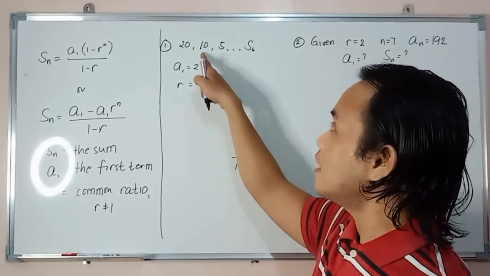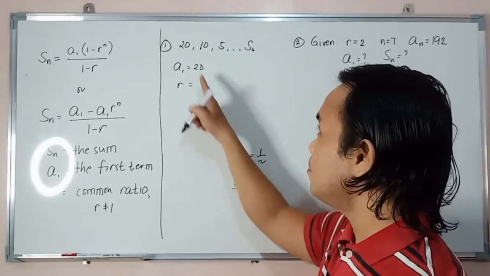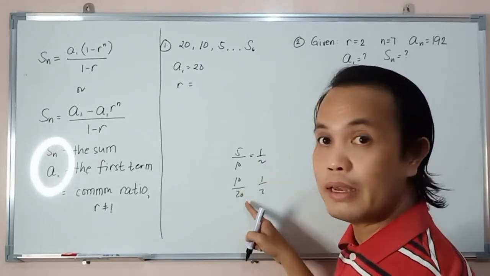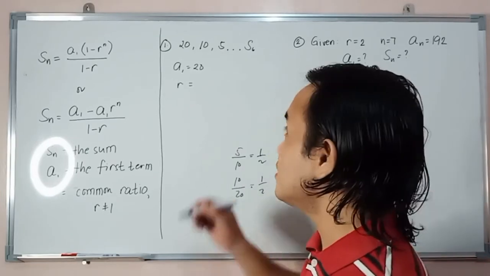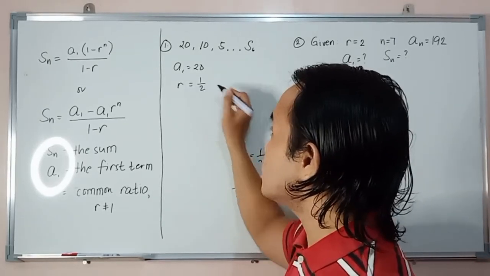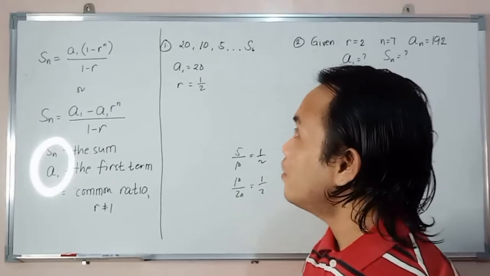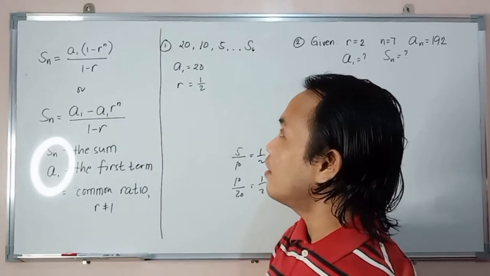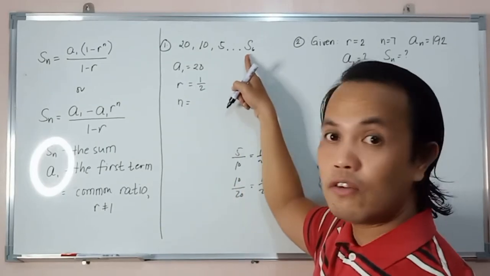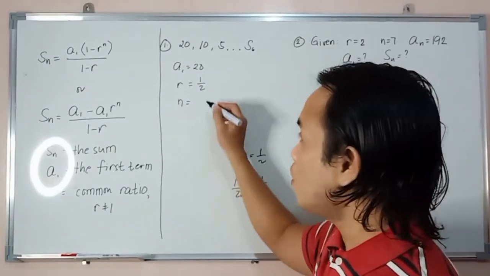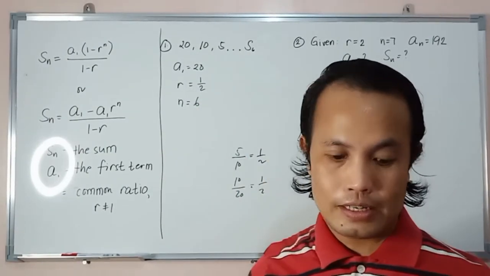Then another is 10 divided by 20, reduced by 10, which will also give us 1/2. So that means our common ratio is 1/2. Another thing is we have the n, or the number of terms. Since we are going to solve for S sub 6, our n here is 6.